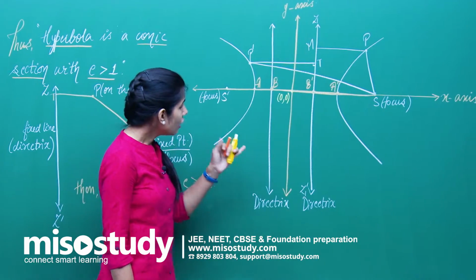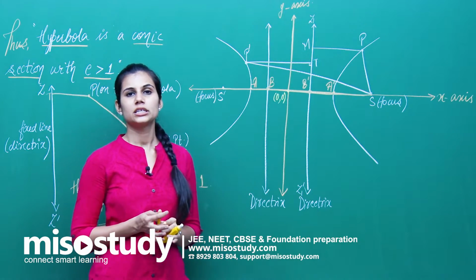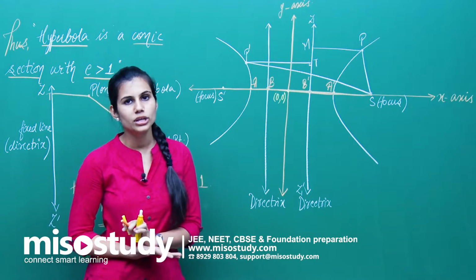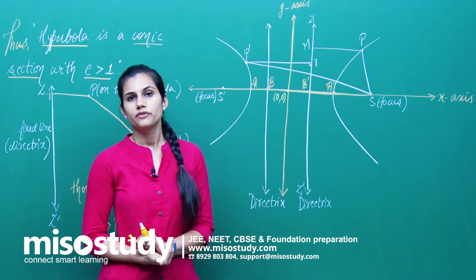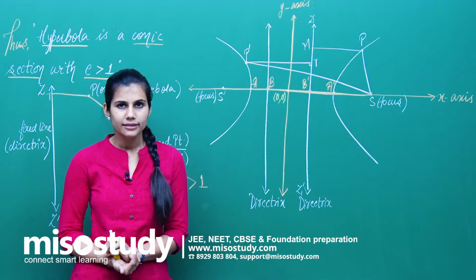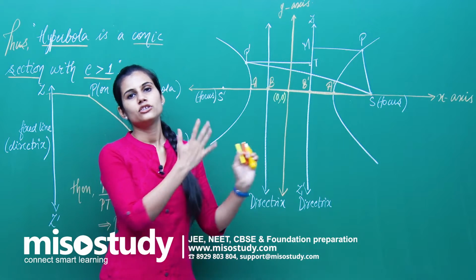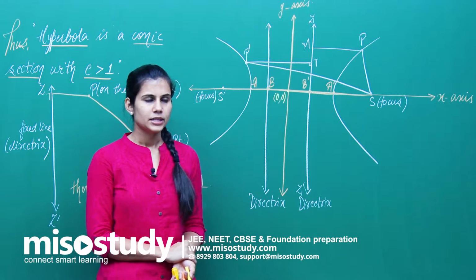Clear? Now comes a question: we have obtained the general equation of a circle, of a parabola, of an ellipse. How to obtain the general equation of a hyperbola? Exactly on the same lines like that we did in the case of ellipse, we proceed to do in the case of hyperbola as well. What is that same condition? Let's recall.